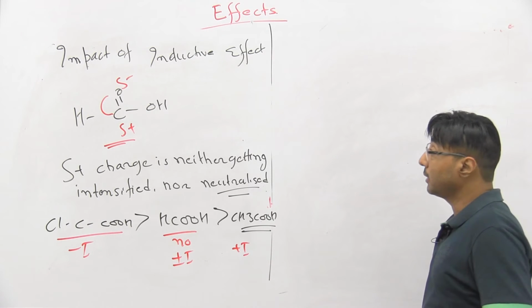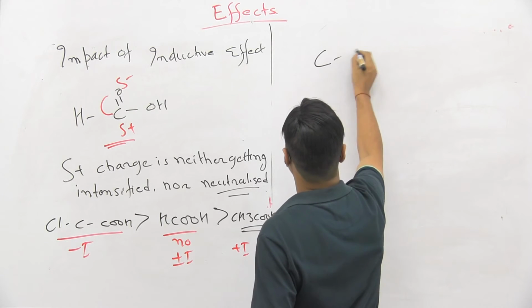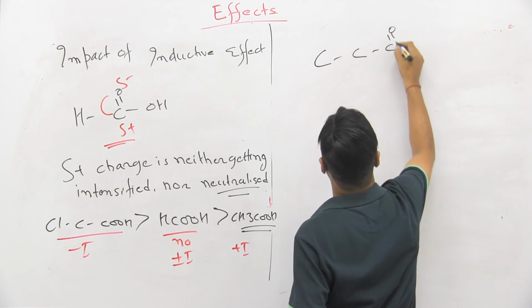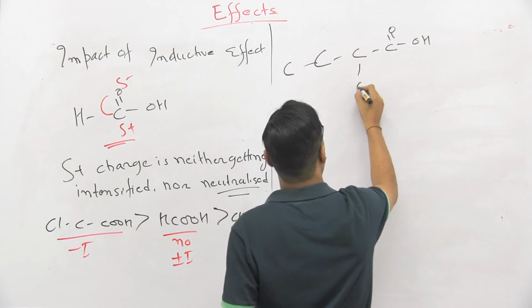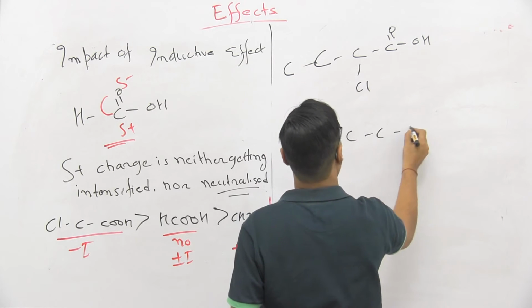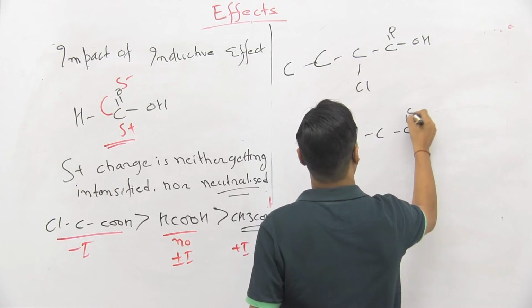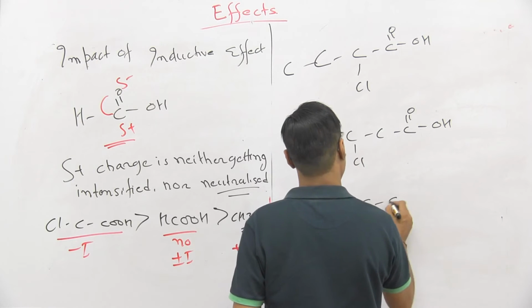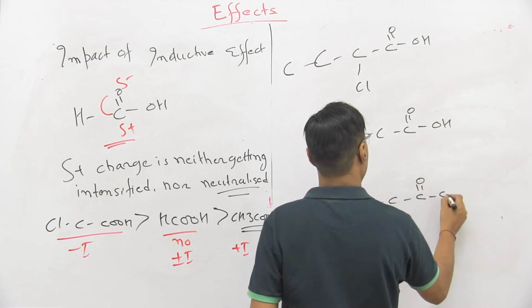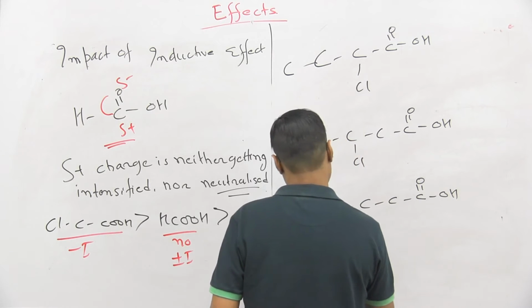Now let's see the second example. This is C double bond O, single bond OH. This is Cl, this is Cl, this is Cl.